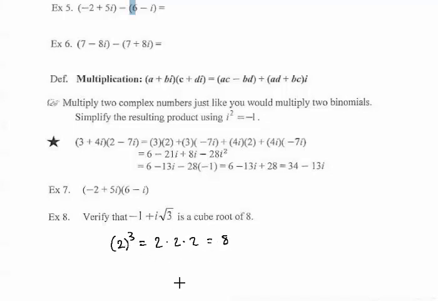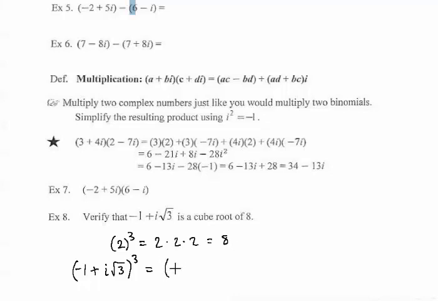So 2 must be a cube root of 8. Likewise, if we can cube this complex number that we're given, -1 plus i square root of 3, and we can get 8, then it also has to be a cube root of 8.